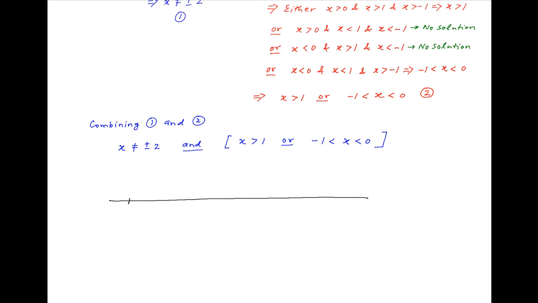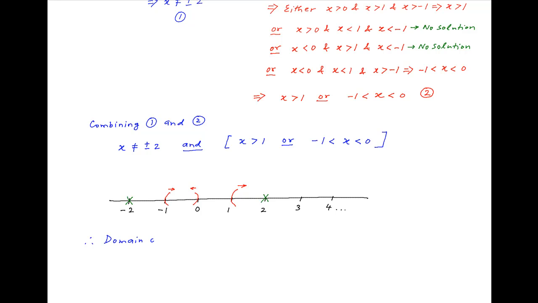Now laying this out on the number line, the relevant points are minus 2, minus 1, 0, 1, 2, 3, 4, and so on. The first condition implies that x should not be equal to minus 2 or 2. The second condition implies that either x is greater than 1 or x lies in the open interval minus 1 to 0.